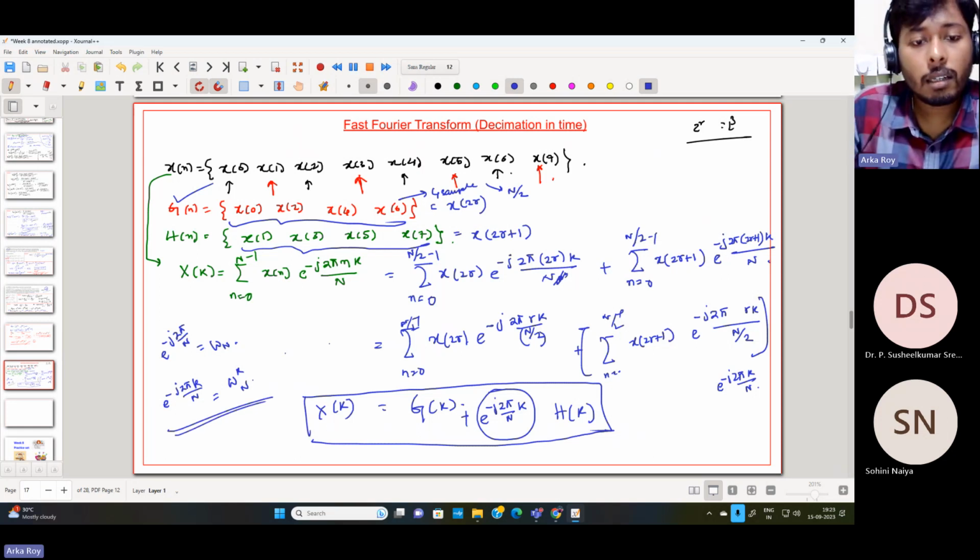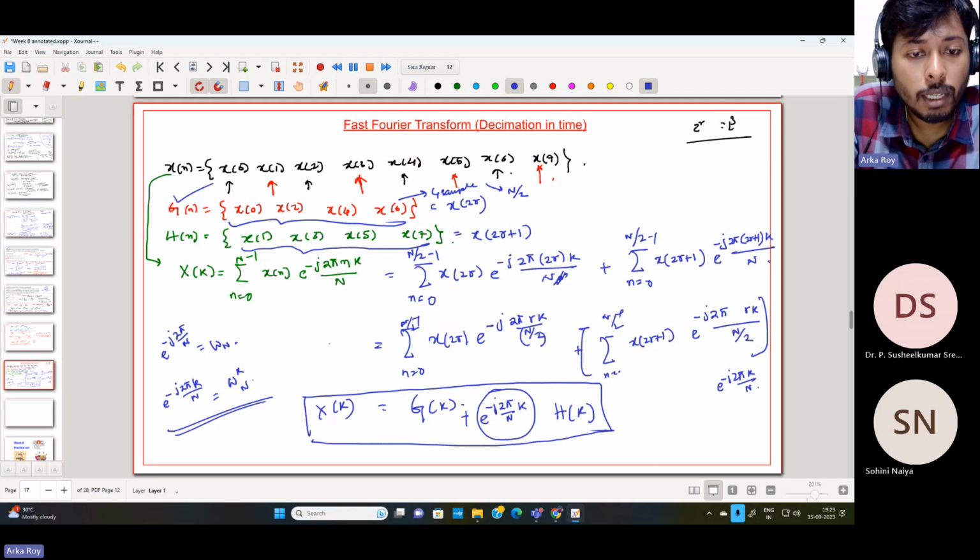So the twiddle factor, I can write as W n to the power k.